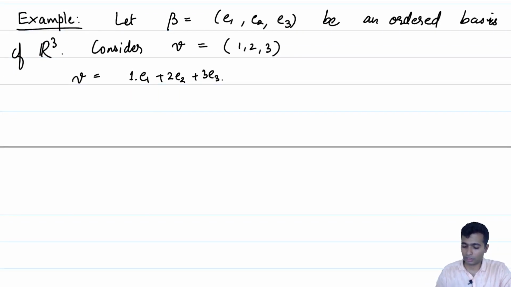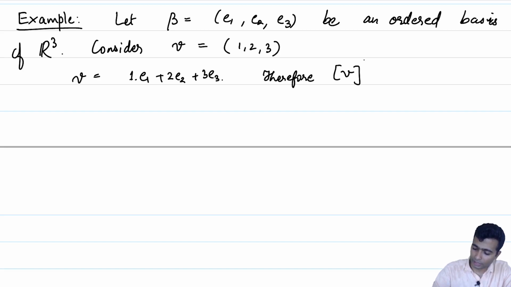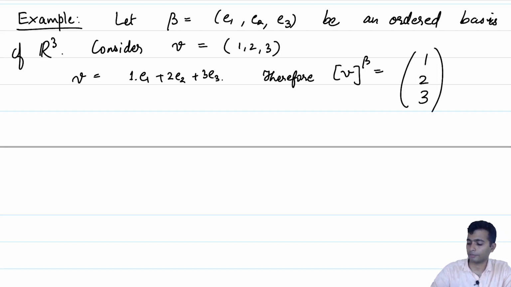This is our v as a unique linear combination of the standard basis, and therefore, v beta is represented by 1, 2 and 3.